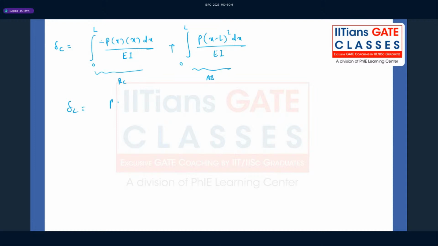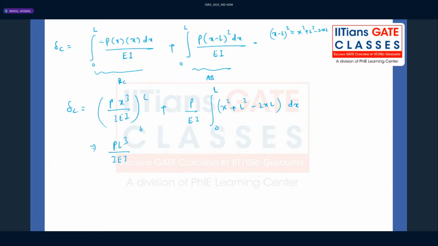P into X cube divided by 3EI from 0 to L, plus P divided by EI. Now when you open this, (X minus L) whole square will be X square plus L square minus 2XL, right? So further, X square plus L square minus 2XL, dx, 0 to L.